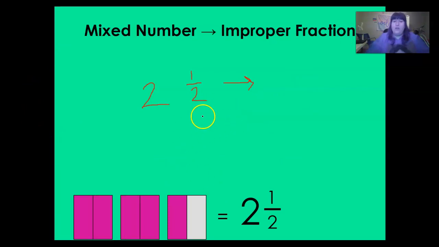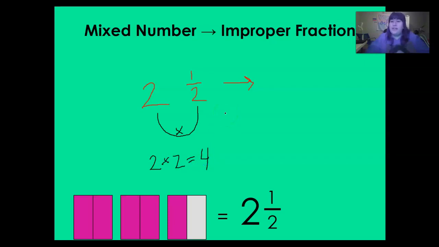That's really it. First, you are going to multiply your denominator times your whole number. All right, so in this case, 2 times 2 equals 4.